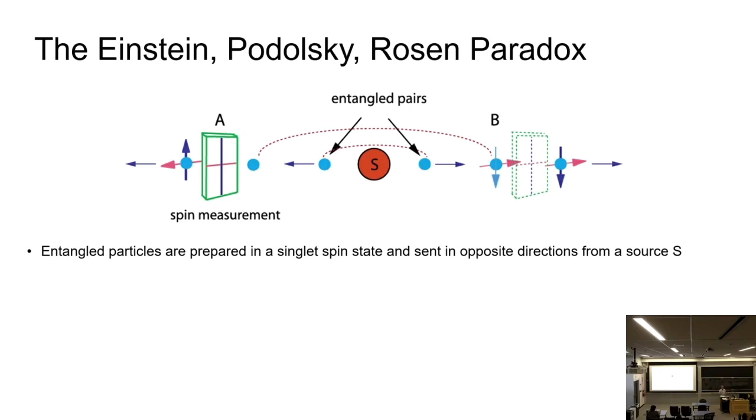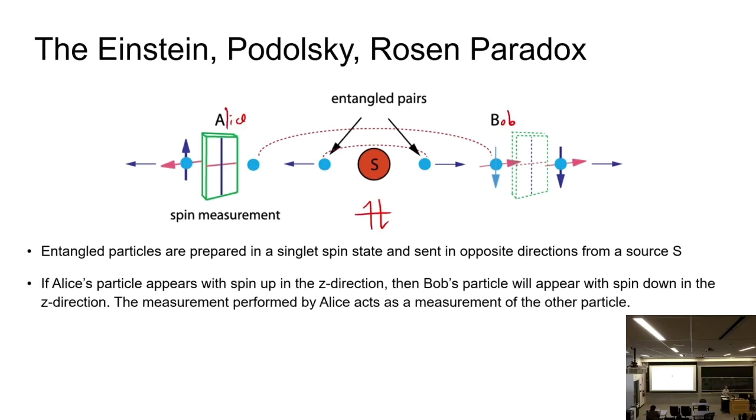The spin direction of each particle is, in the initial state, totally undetermined. And at some distance from that source, labeled S in the picture, one particle from each pair passes a measuring device that's operated by Alice that measures the spin component in the z direction. That's what's shown in the blue arrow here.